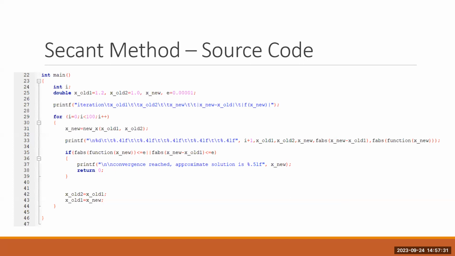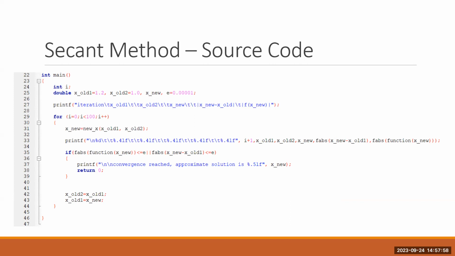In each iteration, it calculates a new approximation of the root using the new x function. It also updates the iteration count and then prints the iteration details. So it checks for convergence using two conditions. The first one: if the absolute value of function x new is less than or equal to e, this indicates that the function value is very close to 0.